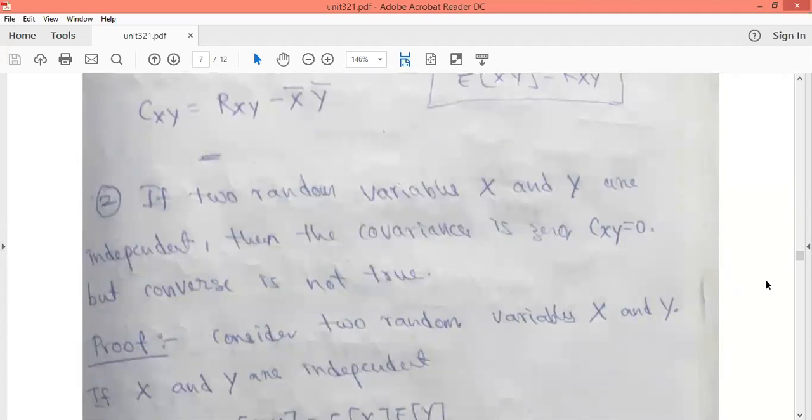Now we see the second property. If two random variables X and Y are independent, then covariance is 0, that is Cxy is equal to 0. But the converse is not true.